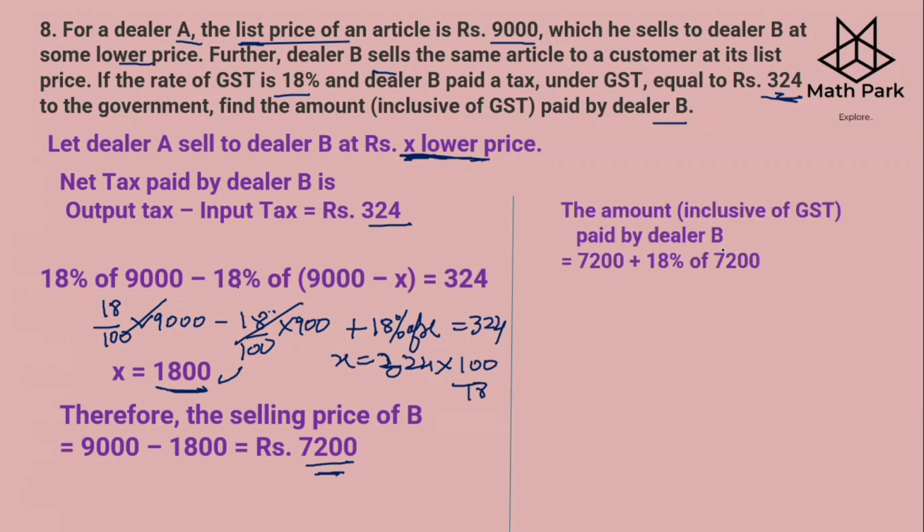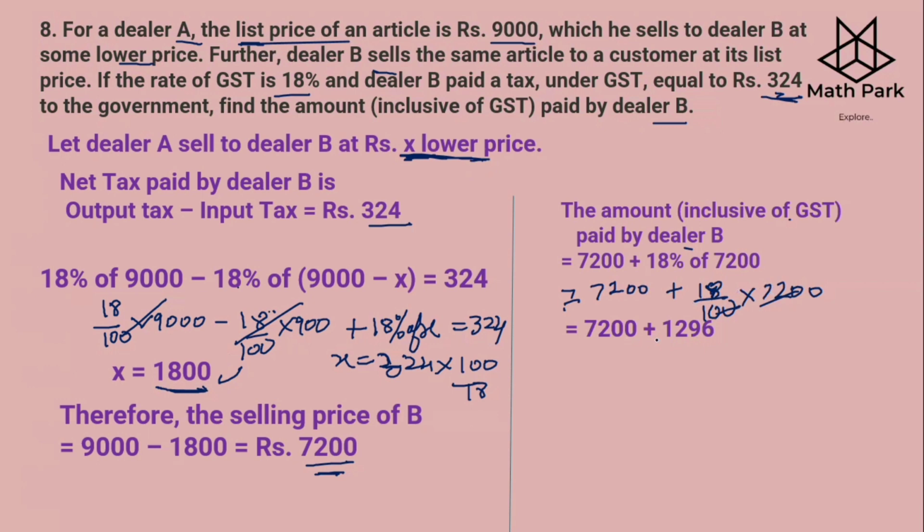Okay, now the amount inclusive of GST paid by the dealer is 7,200 plus 18% of 7,200. So which is 7,200 plus 18 by 100 times 7,200. So 18 times 72 you calculate and add it to 7,200. 18 times 72 is 1,296.